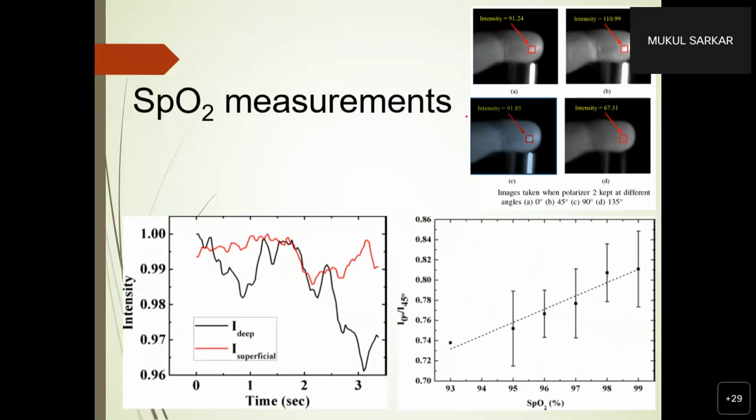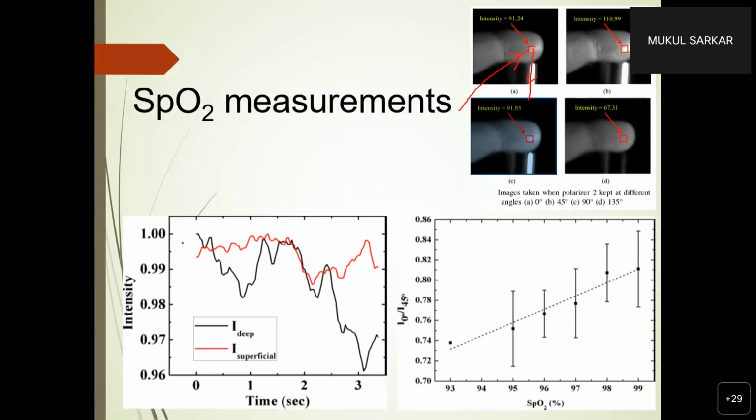What you see over here are some of the measurement results from the sensor. We place our fingertip and incident unpolarized light onto the fingertip, and the reflected polarized or unpolarized light was then measured using our polarization sensors. And what you see is I deep and I superficial.